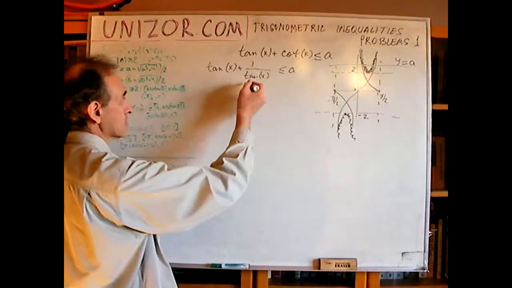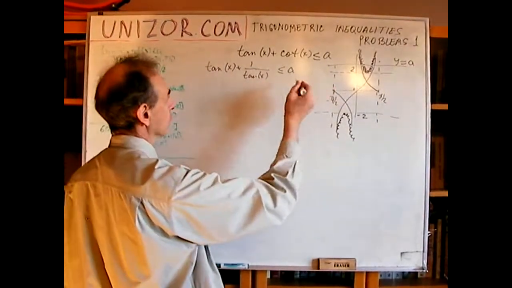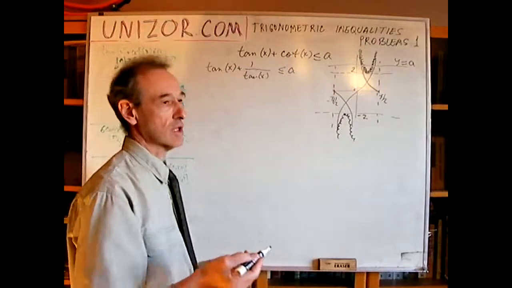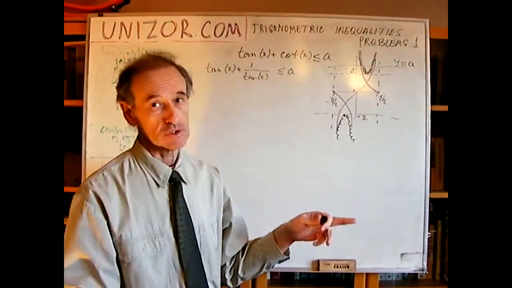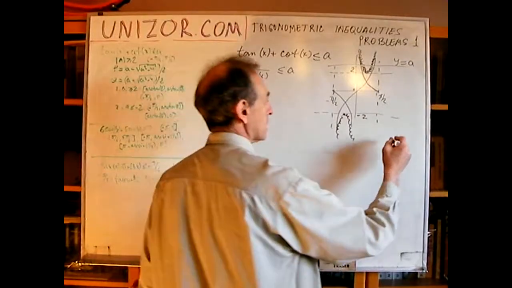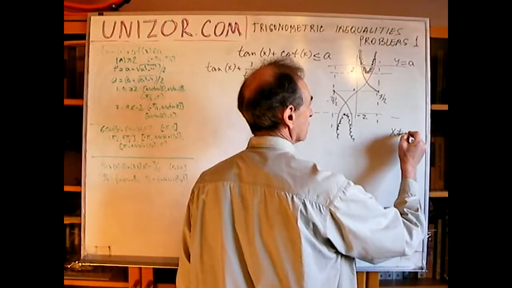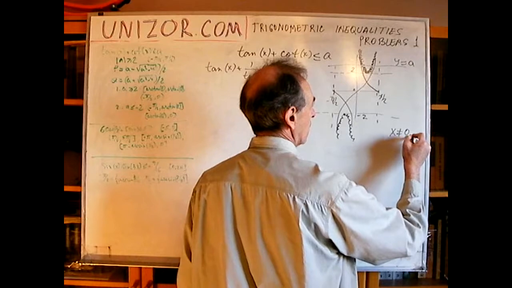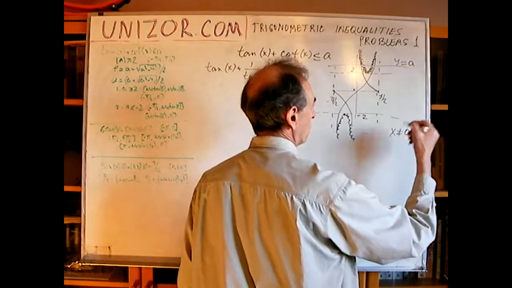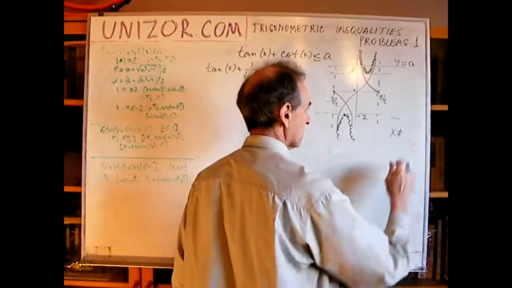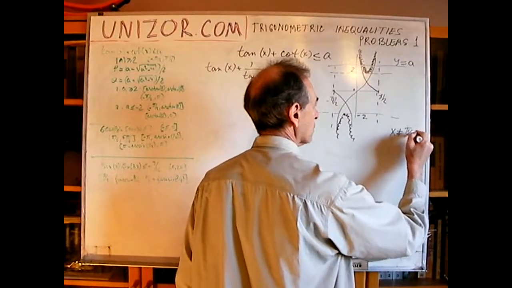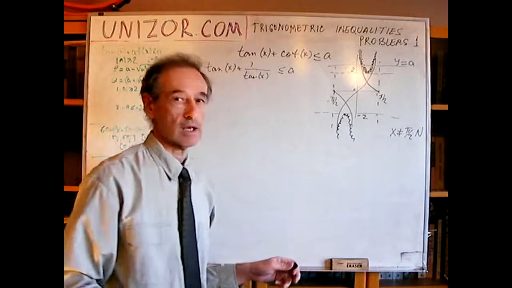Obviously, I have to exclude from all the solutions where the tangent is undefined or the tangent is equal to 0 because the cotangent is undefined. So basically it goes to x not equal to 0, pi over 2, pi, minus pi over 2, etc. So basically we can say that it's pi over 2 times n, where n is any integer number.